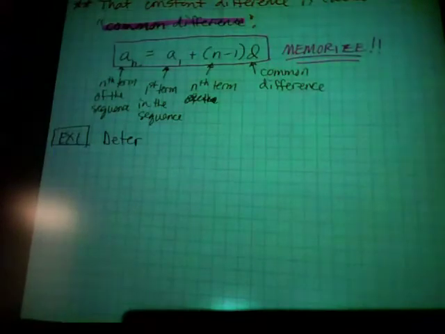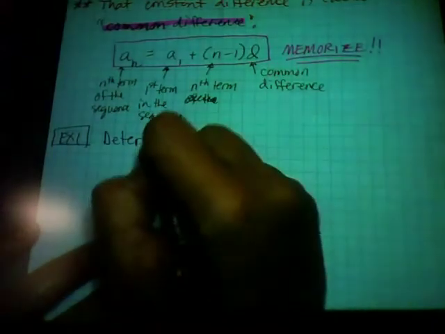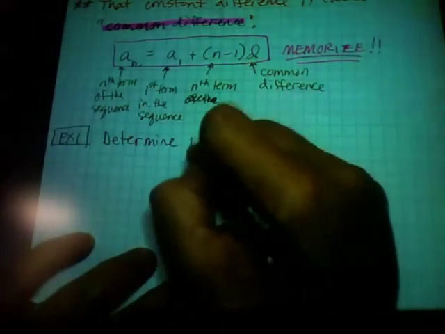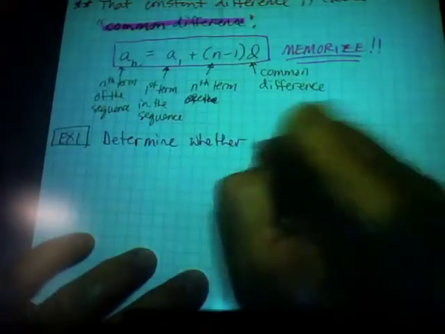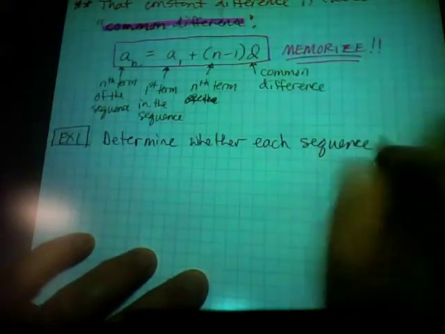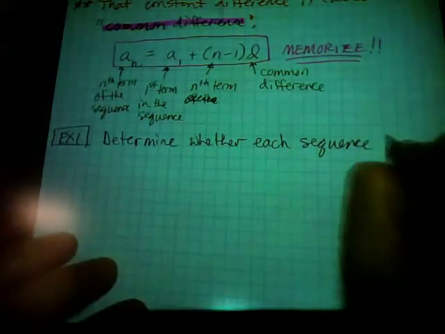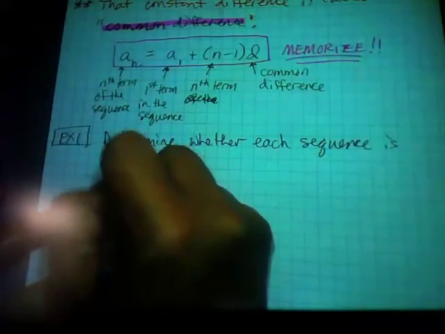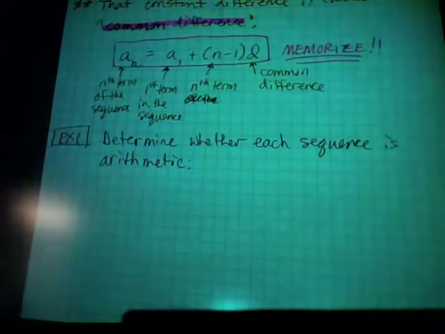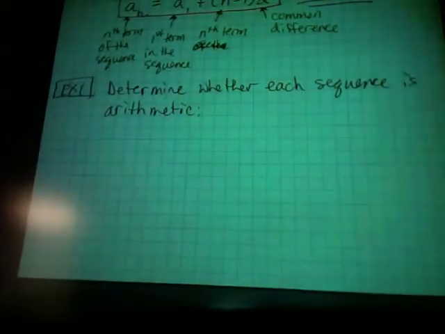If you don't write the directions, you're not going to know the difference between the two problems. So for this one, we're going to determine whether each sequence is arithmetic. What's the definition of an arithmetic sequence? How do we define it above?